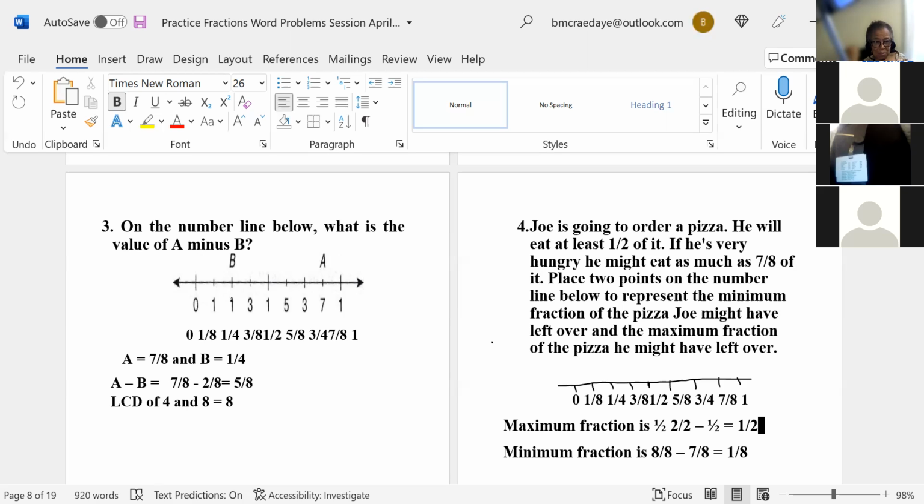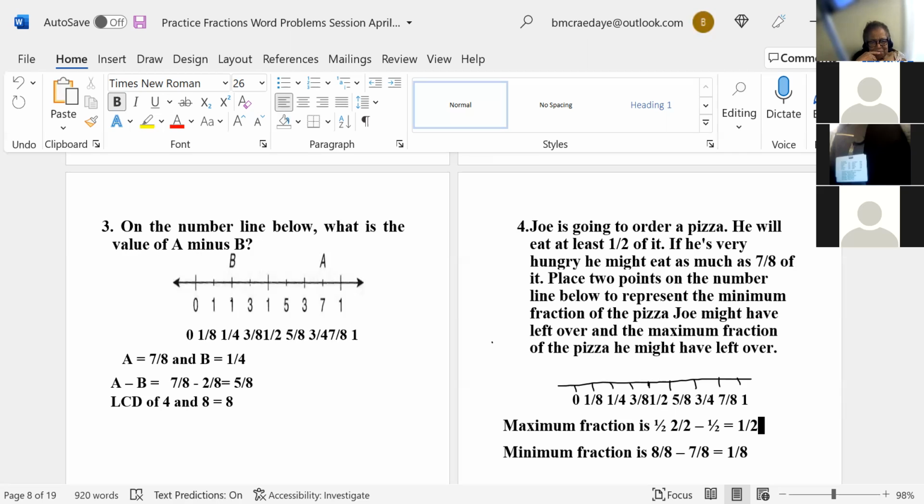So the maximum would be based on when he ate the least of it, the 1/2. Whole minus a half is 1/2. So the maximum he could have left over is half the pizza.